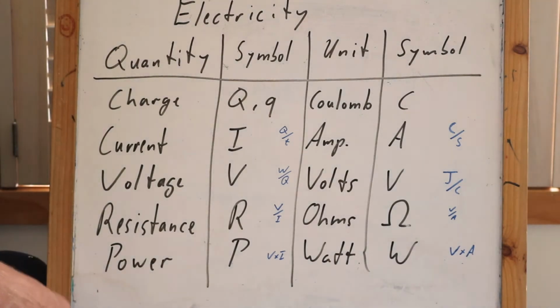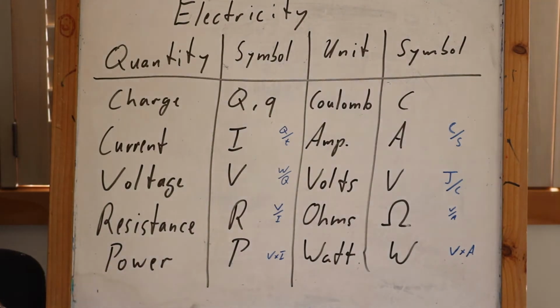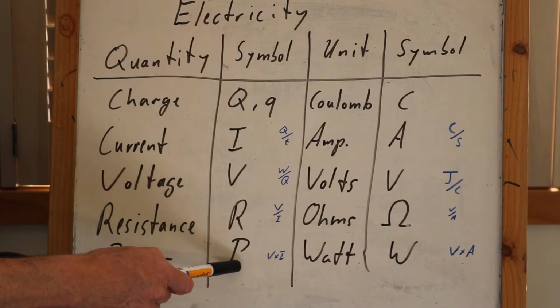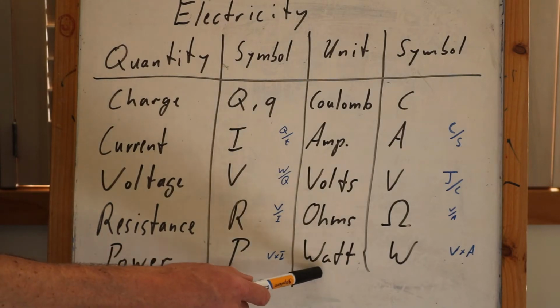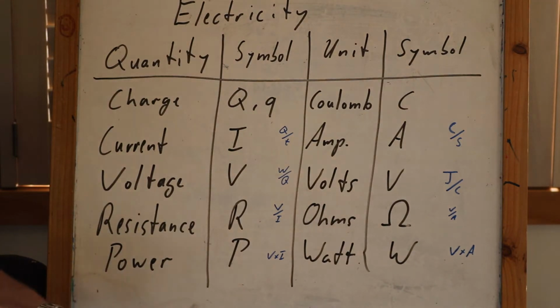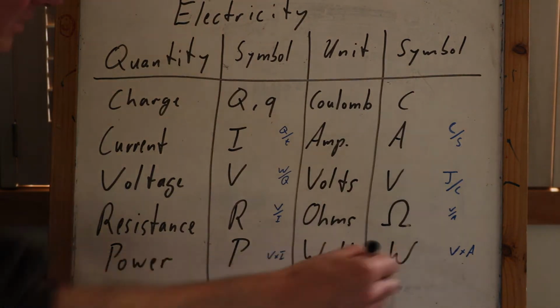And power, you know that from physics, power is the rate at which energy is converted. Power symbol is P, it's measured in watts, symbol for that is capital W. And power is defined as rate of energy, so it's kind of joules per second over here.